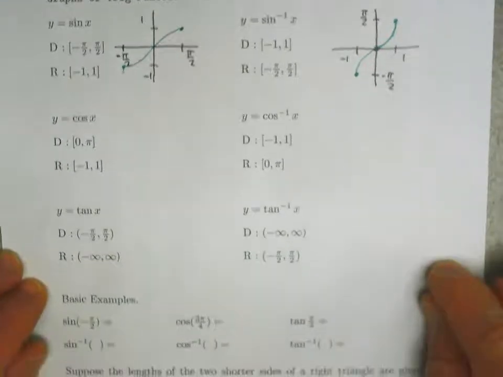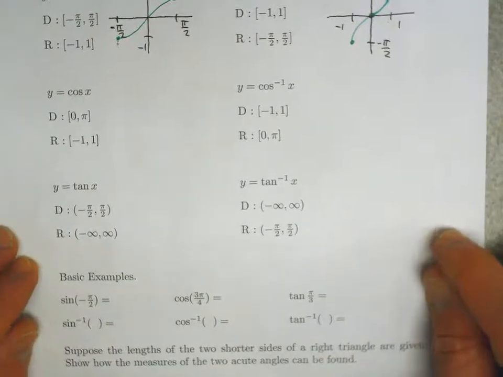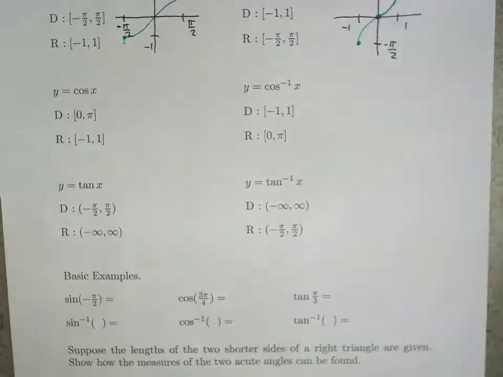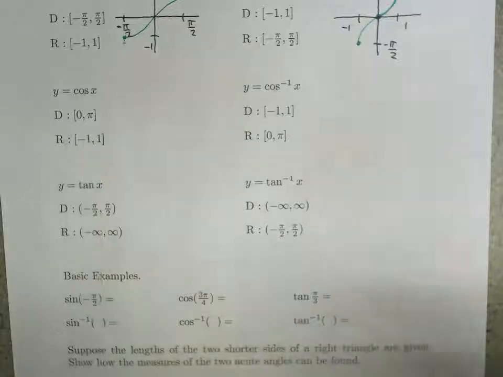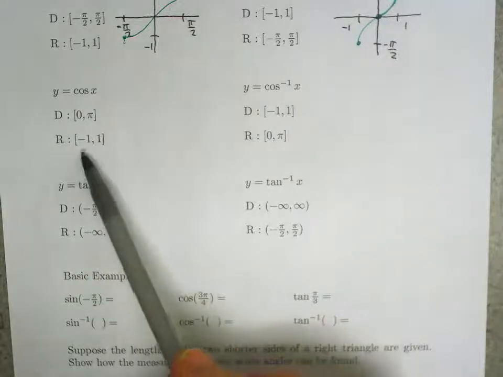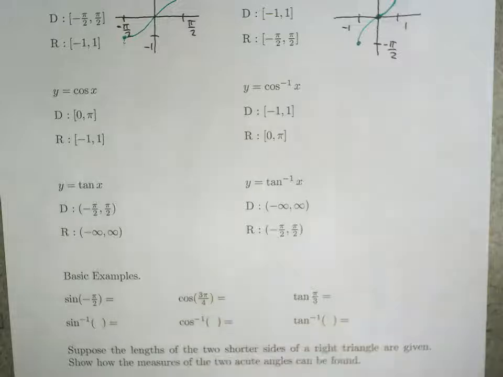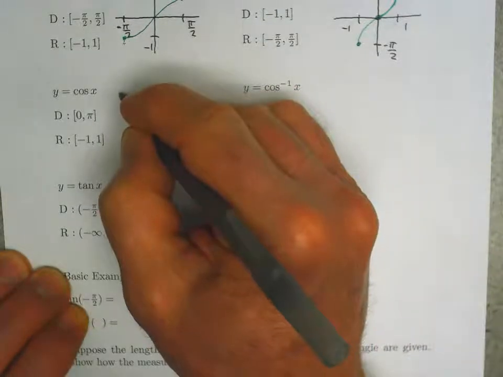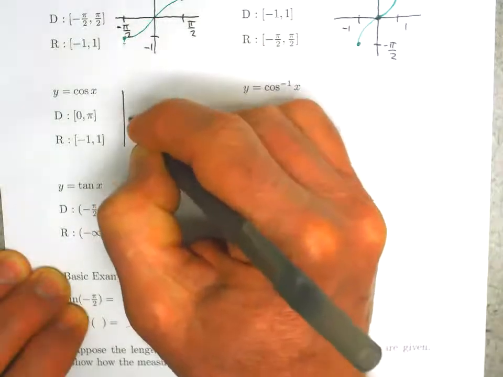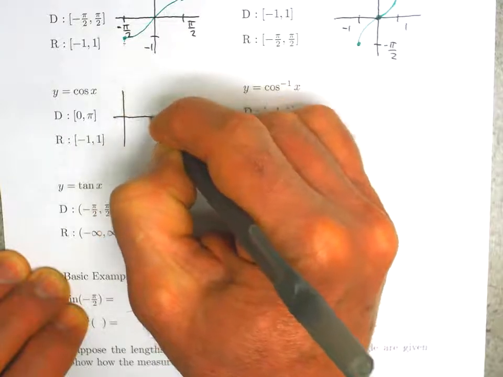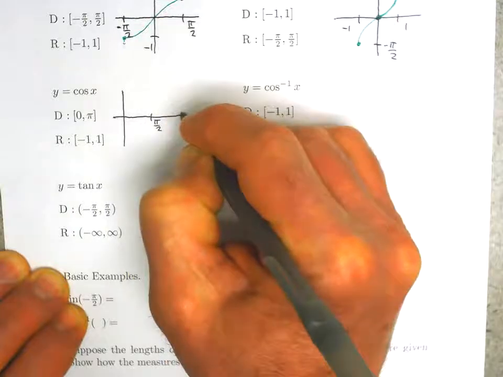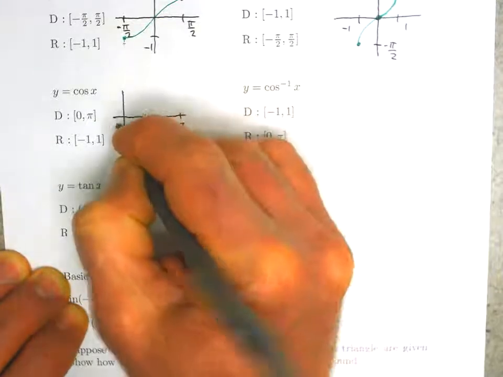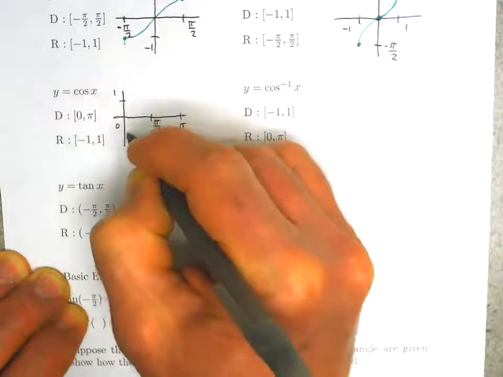Okay, for y equals cosine of x, we're going to restrict the domain to be between 0 and pi, and the range will be from negative 1 to 1. Okay, so on the interval from 0 to pi, we have a range from negative 1 to 1.